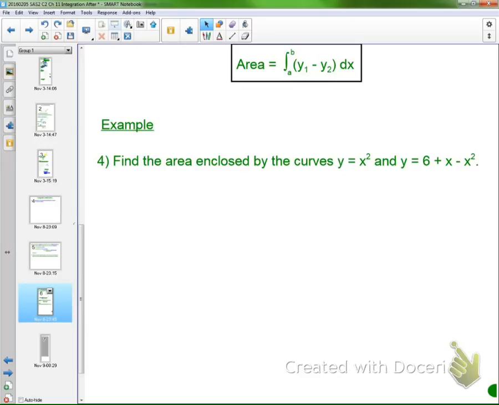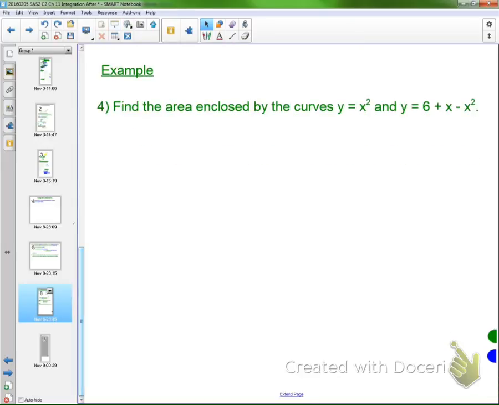Here we want to find the area enclosed by the curves y equals x squared and y equals 6 plus x subtract x squared. So we begin by drawing a sketch, so we can see where these curves are going to intersect and where they're going to cross the x-axis.